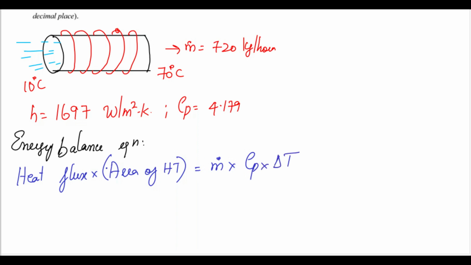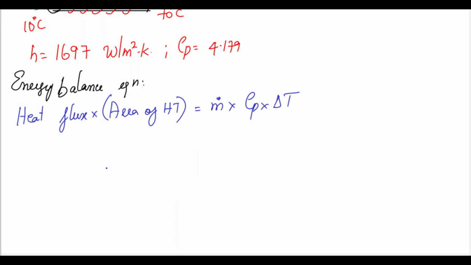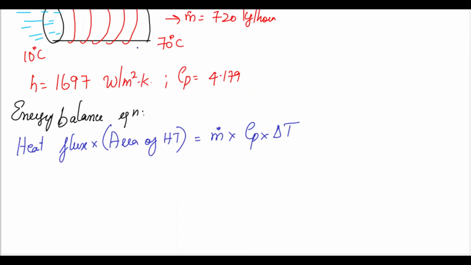So we have almost all the data. This energy balance, heat flux into area, will give you Q. The total term is actually Q, which is totally related to the water heating. That is the reason the water gets heated from 10 to 70.